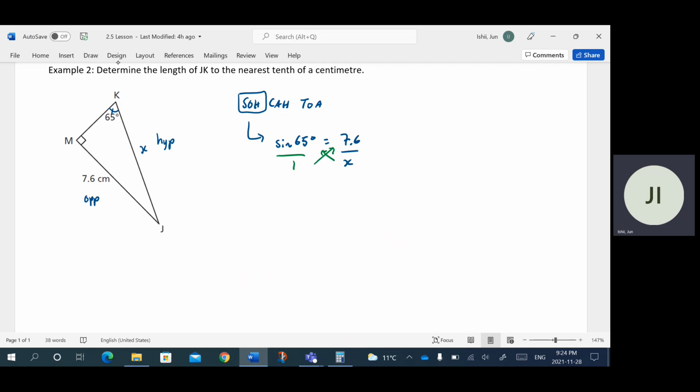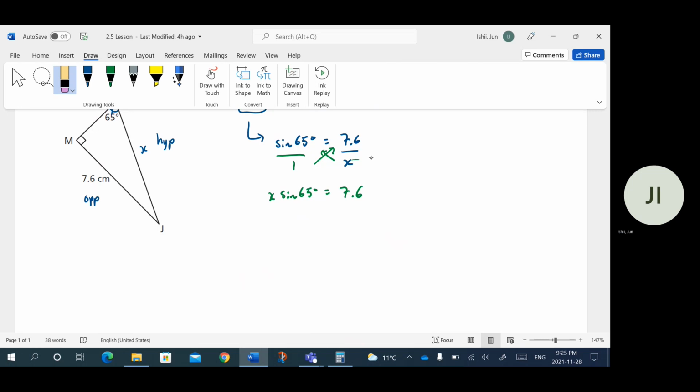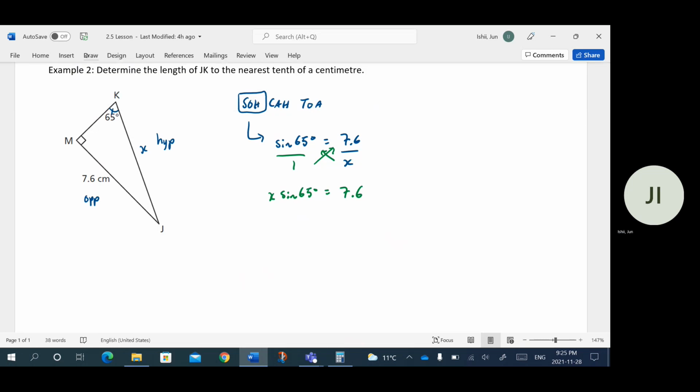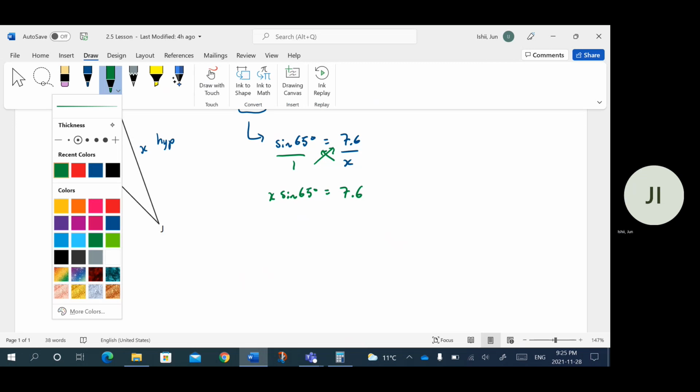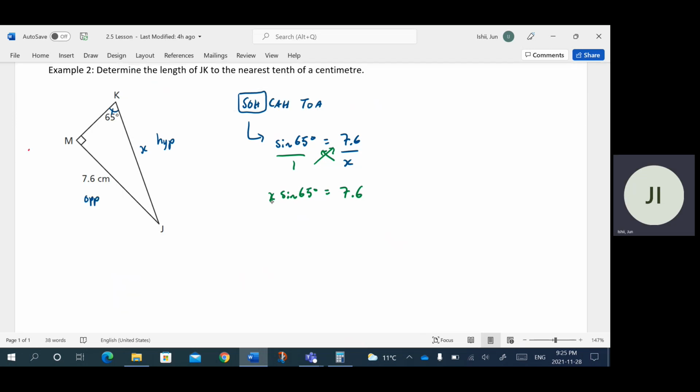As a result, x times sine of 65 degrees is going to equal 1 times 7.6. Now to solve for x, since again we're considering sine of 65 degrees as just a number, I'm going to divide both sides by sine of 65 degrees. These cancel off.